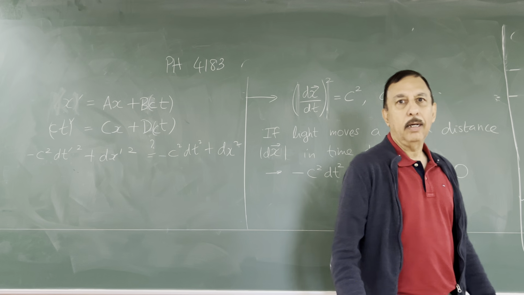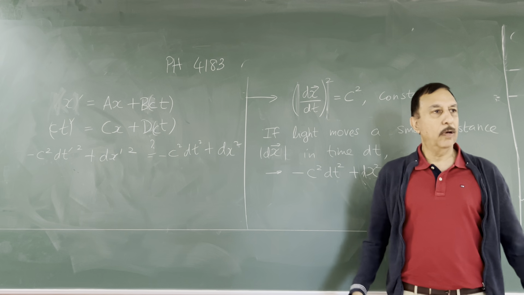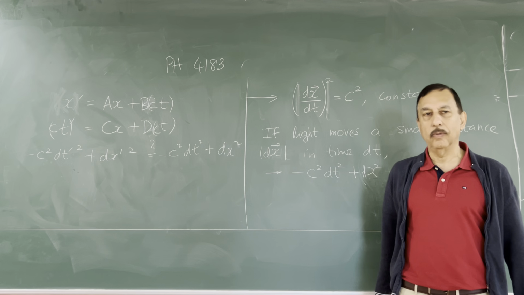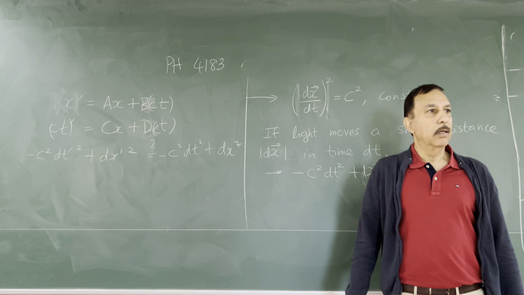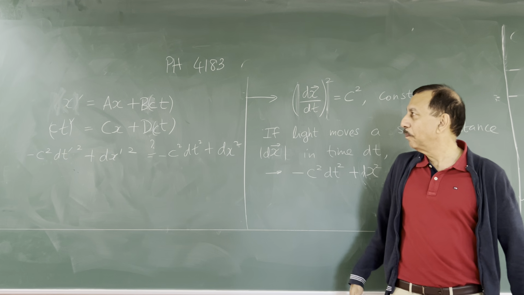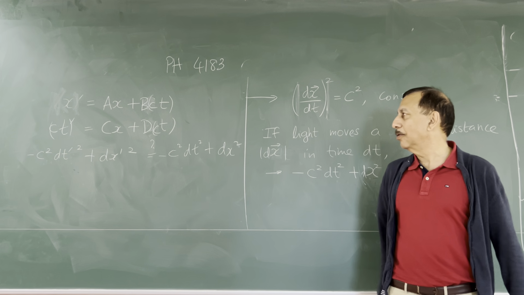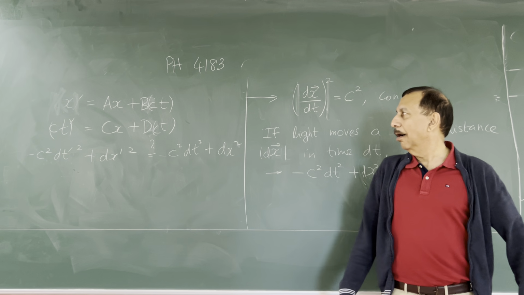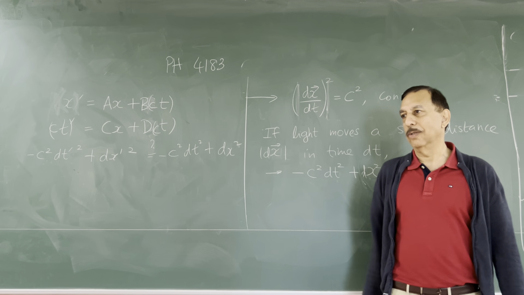Okay, but I did see people puzzled about the use of ct. So if you have any question, please ask. If you'd like me to repeat why we use ct, I will tell you. Well, there's an inverse concept which people also use, which is using x upon c as a time. I mean, you can also do it that way.